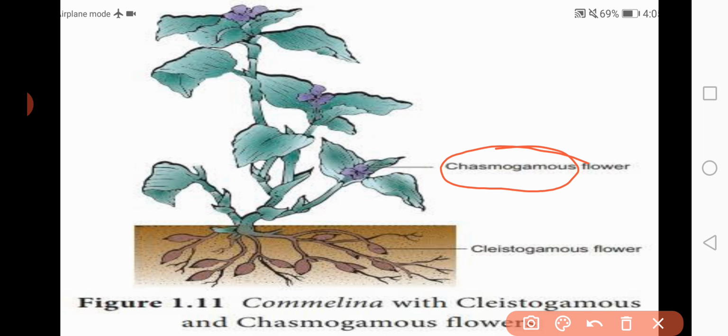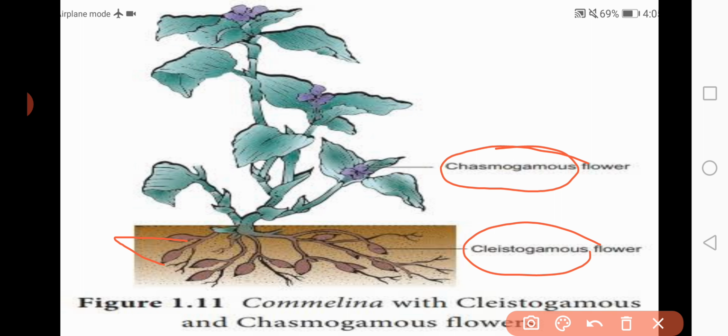Whereas cleistogamous flowers are produced below the soil level. Understood? And these flowers do not open at all.